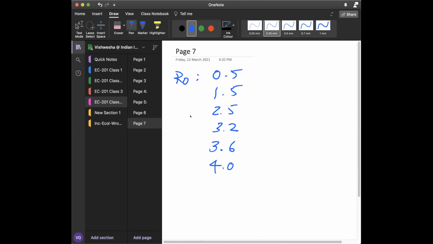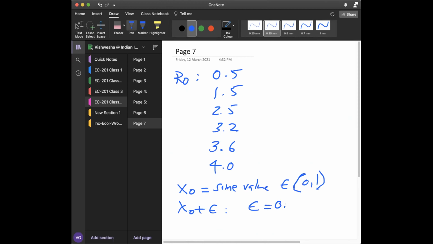Choose x0 some value, excluding 0 and 1, and then choose x0 plus epsilon. Let's say you choose an epsilon value of how much? 0.05. 0.05 is huge, right?